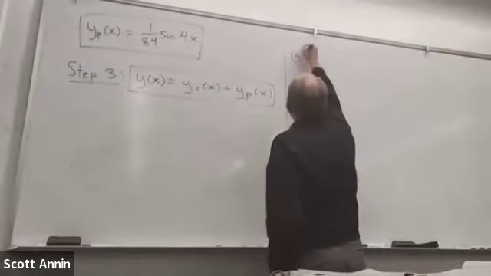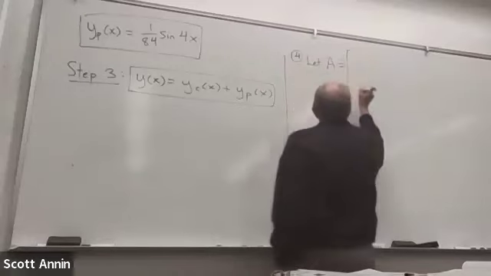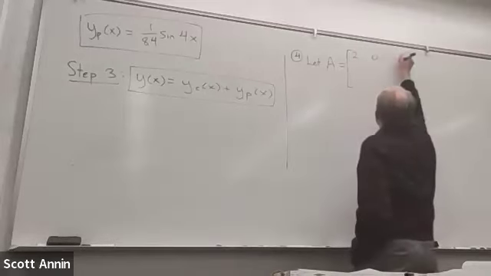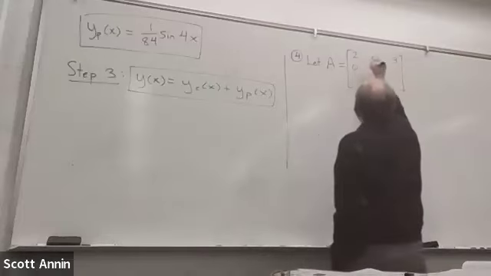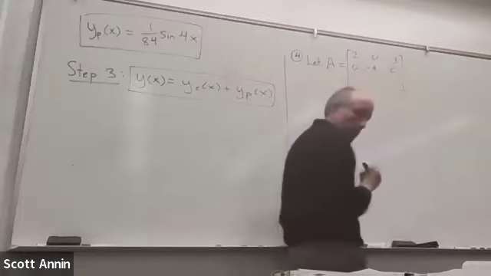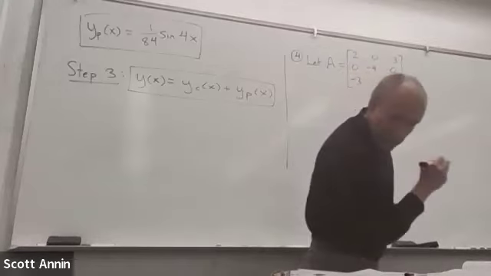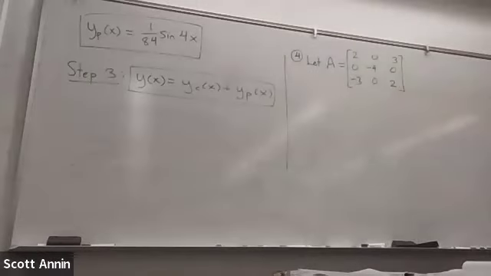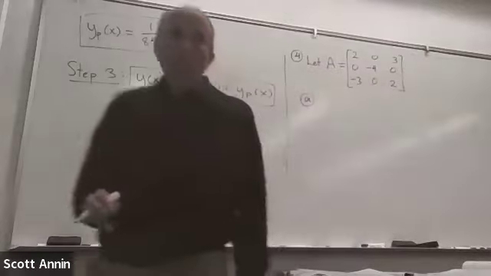Let's do another problem here. This is the 4th one we're doing tonight. Let capital A be the matrix 2, 0, 3, and then 0, -4, 0, and -3, 0, and 2. I'm going to have 2 parts to this question, so we'll do the first part here.